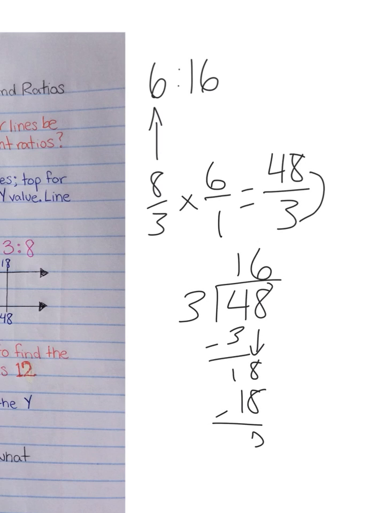We see that our y value is 16. Does that match our ratio up here? If we multiply 6 by our constant of 8/3, we get 16. Looks good to me.